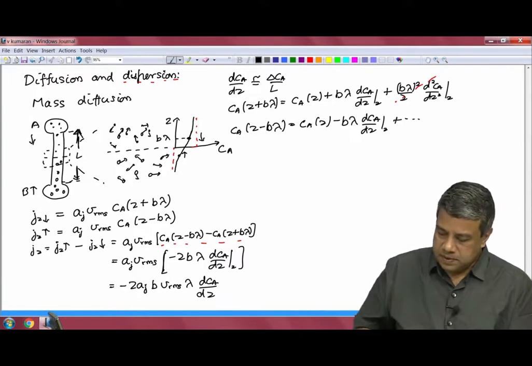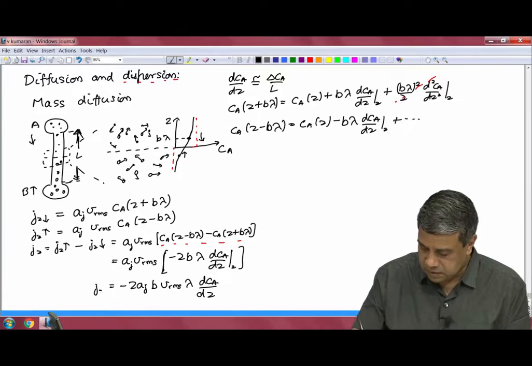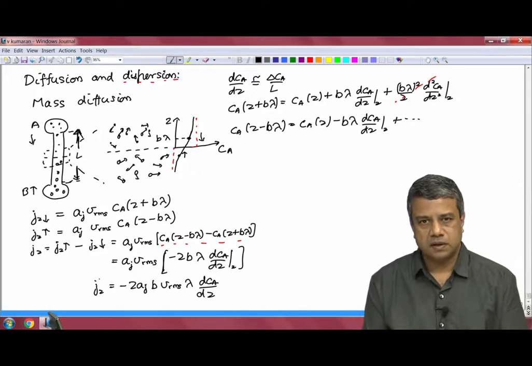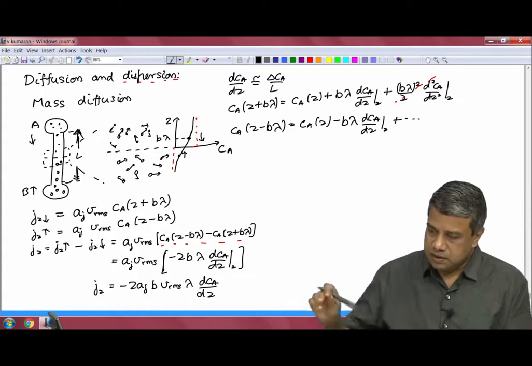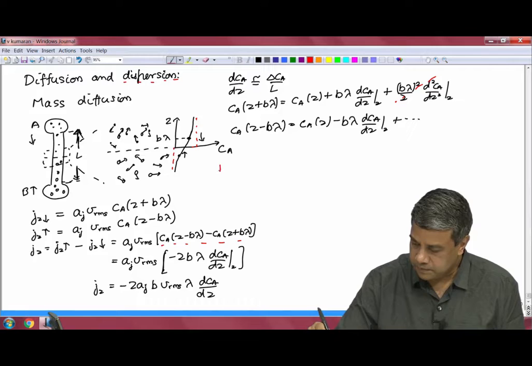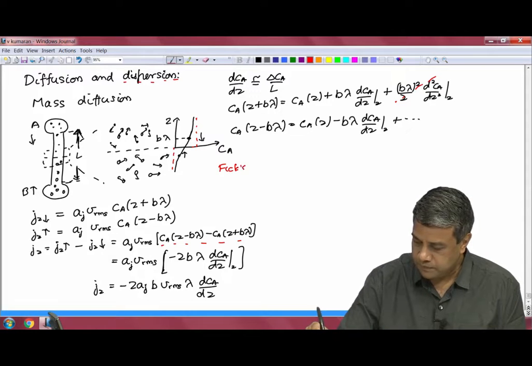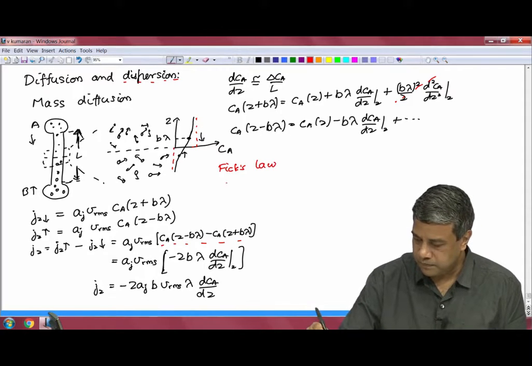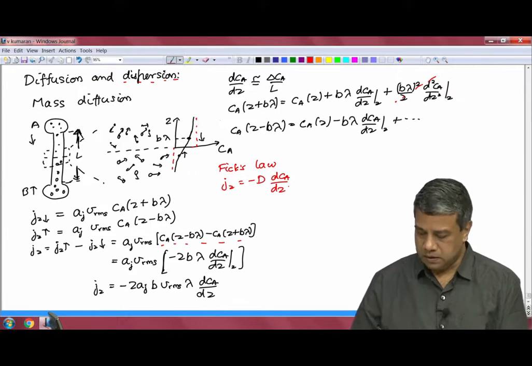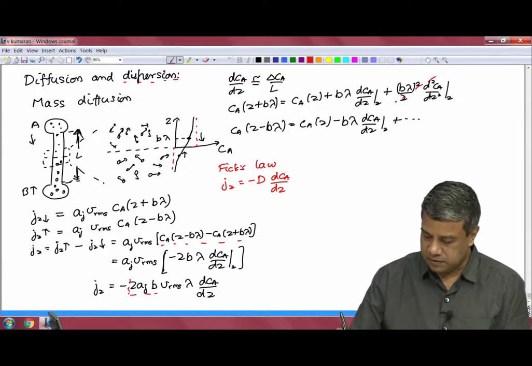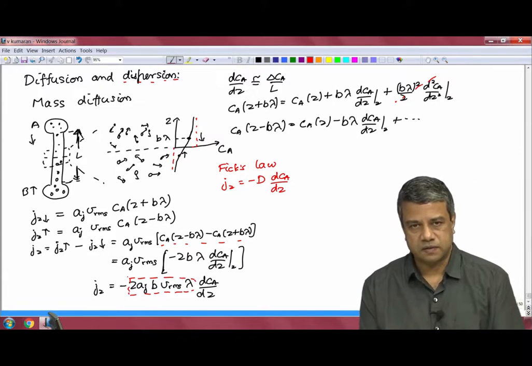So, that is the expression for the flux. Compare that with Fick's law, and you can see that this is the estimate for the diffusion coefficient.